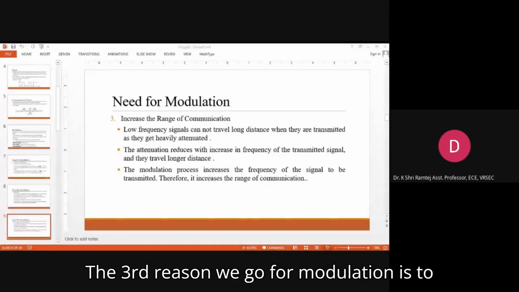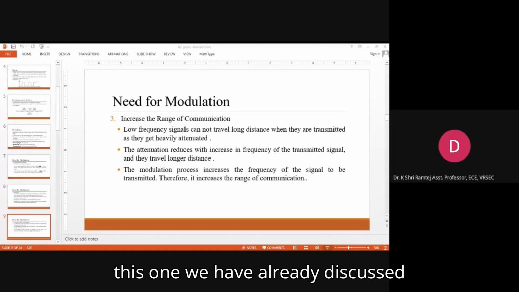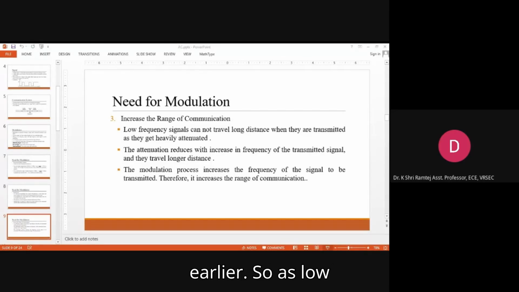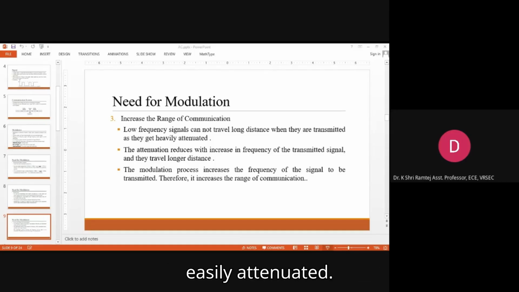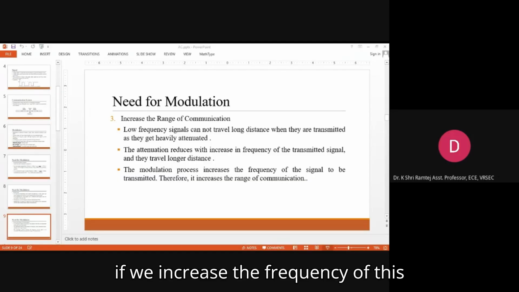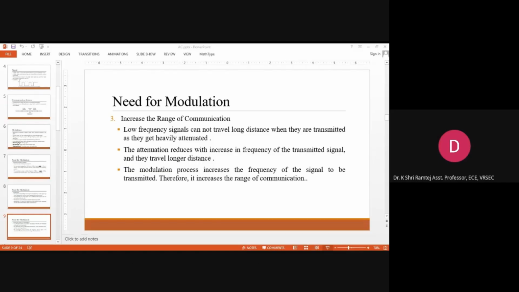The third reason we go for modulation is to increase the range of communication. So this one we have already discussed earlier. As low frequency signals cannot travel for longer distances, because these low frequency signals can be easily attenuated, instead of transmitting these low frequency signals directly, if we increase the frequency of these signals by using the modulation process, then they can be transmitted for longer distances.